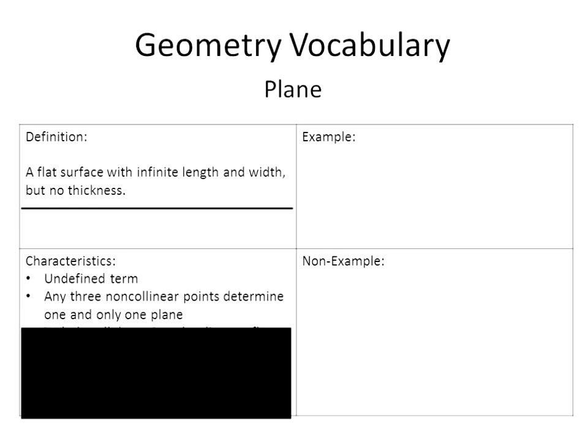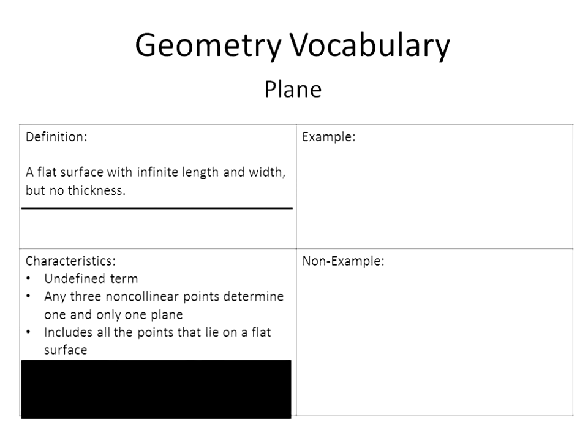I just said non-collinear. So what does that mean? If it says they're non-collinear, what does that tell us? That they're not in a straight line. Yep. So any three non-collinear points determine one and only one plane. And the plane includes all the points that lie on that flat surface.